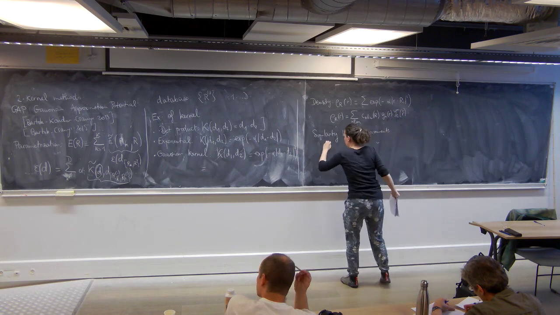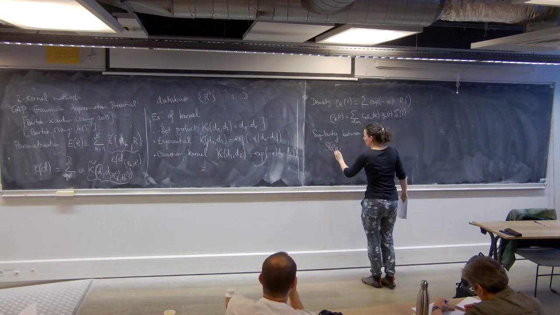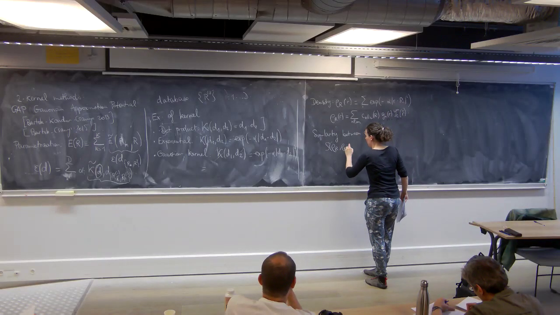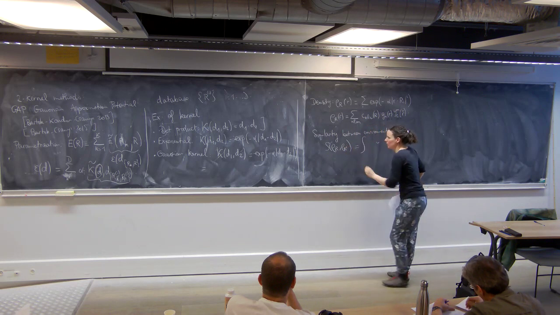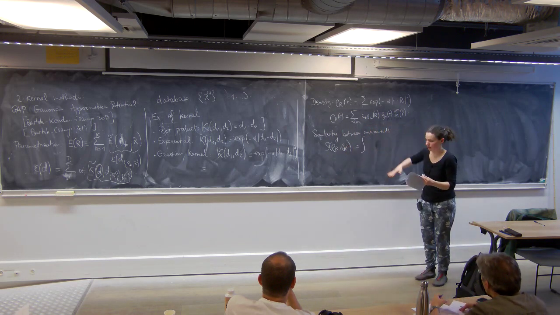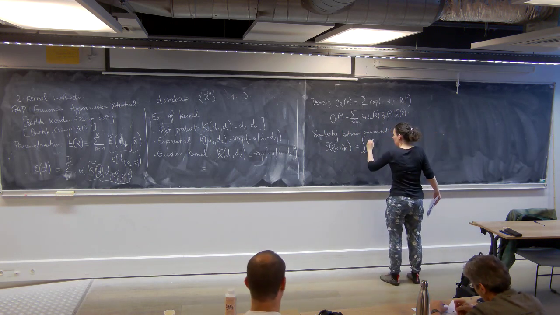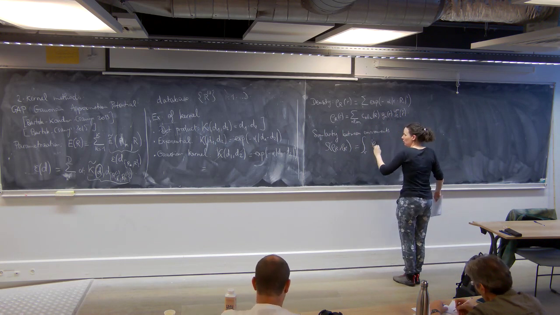We take a density for a first configuration, a density for a second configuration, and we just define it as the L2 scalar product between the densities.